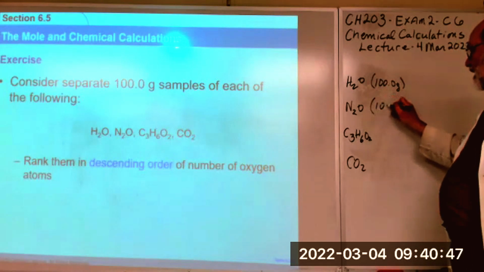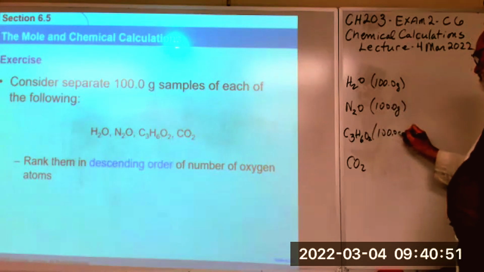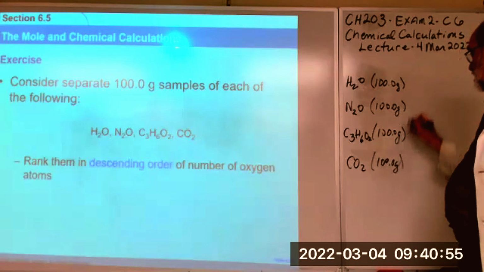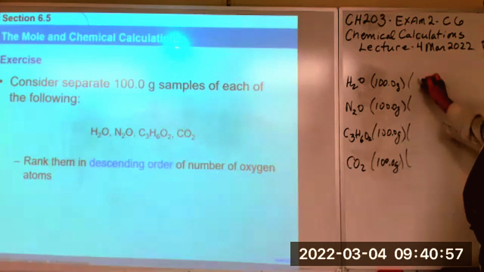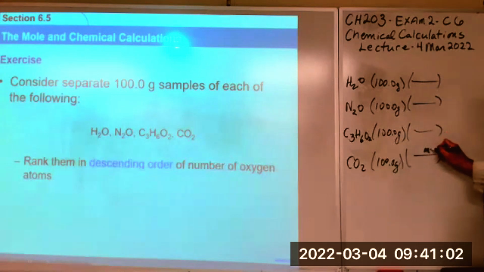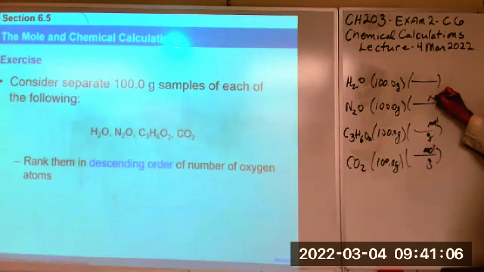See, I'm doing the same thing over and over again. Now I need to convert to moles of each one. Grams per mole. I'm just doing it over and over again.